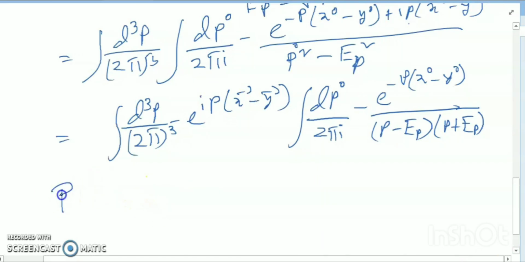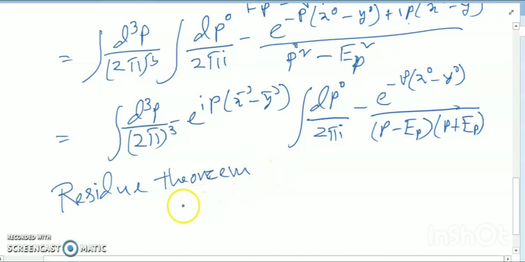So residue theorem, you know, that Cauchy residue theorem I have already discussed in my complex analysis. To know complex analysis, they can check.